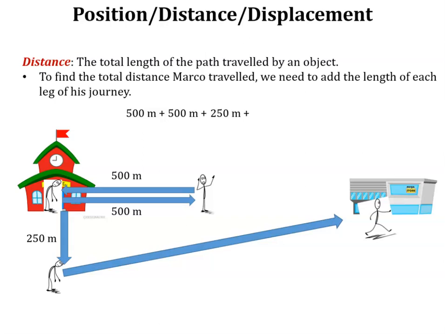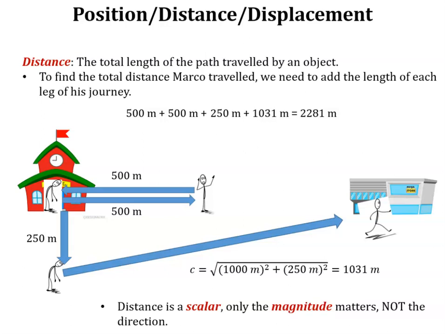But since we know how far south he went and how far east the store was, we can use those as the legs of a right triangle, and we can calculate using the Pythagorean theorem the path for this portion of his journey is 1,031 meters. So we add that, and his total journey was 2,281 meters.